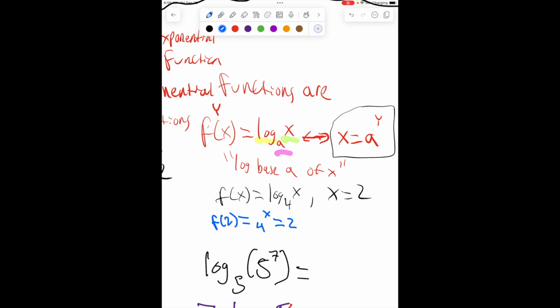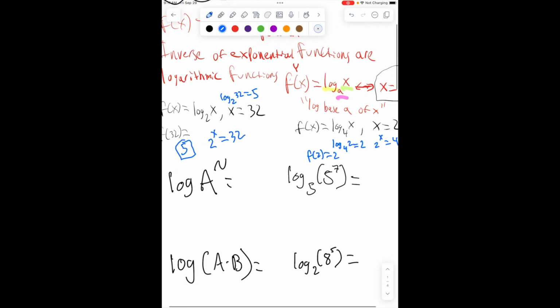And that would be, again, kind of like taking the square root of 4, which is 2. That's like saying 4 to the 1/2 power equals 2. So in this case, what does f of 2 equal? Or log base 4 of 2, it equals 1/2. 4 to the 1/2 power equals 2.